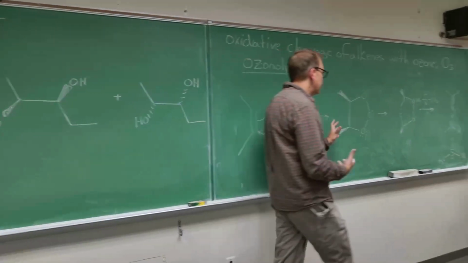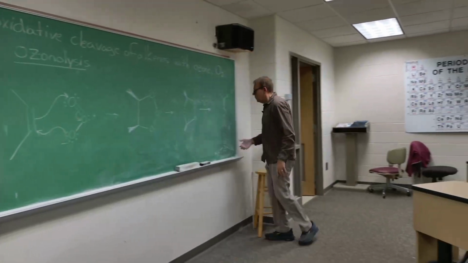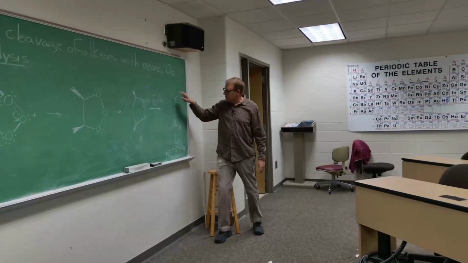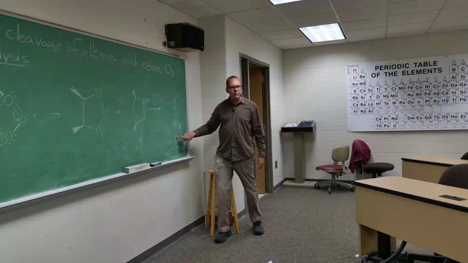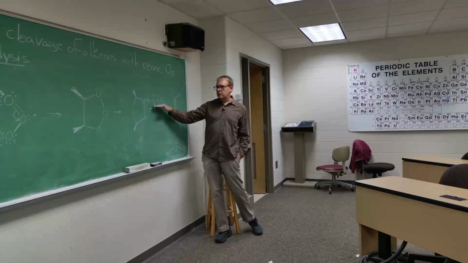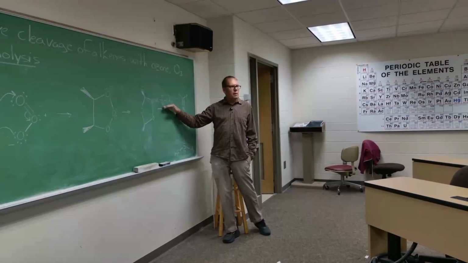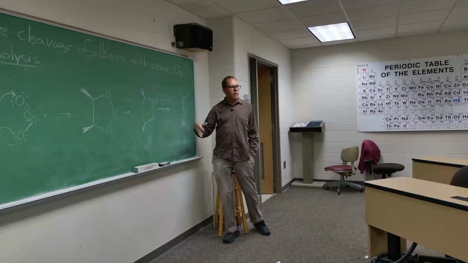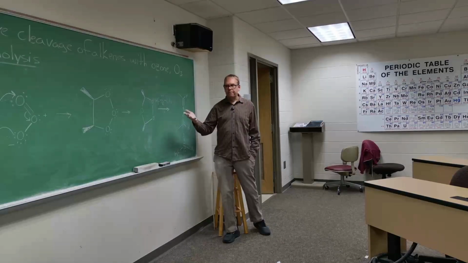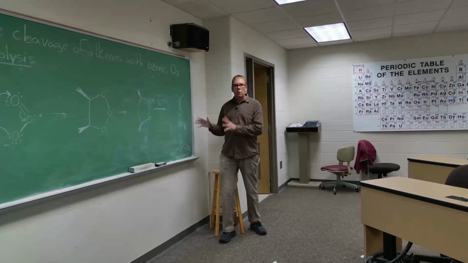In the products, we've got our 1, 2, 3, 4 carbons and our 1, 2, 3 oxygens. So everything is accounted for. So essentially, you need this reagent to mop up the 1 extra oxygen that comes with the ozone. So that's how it works.